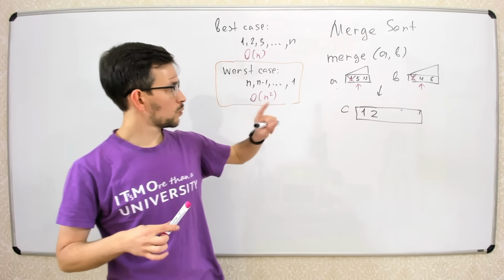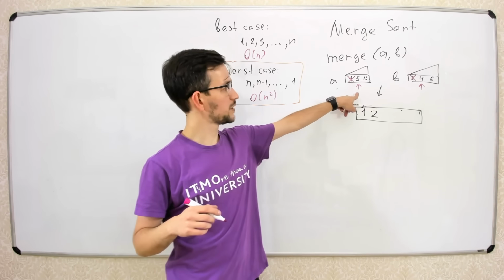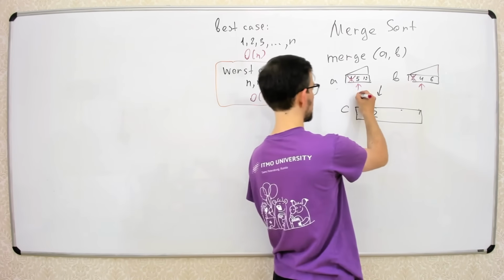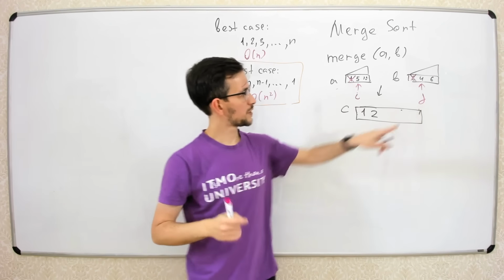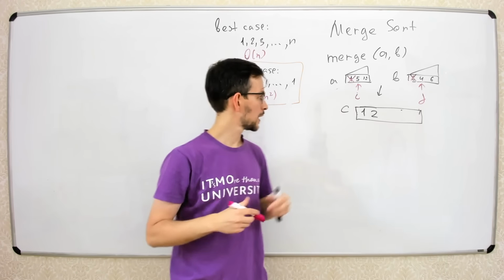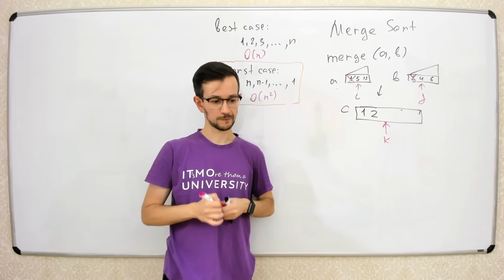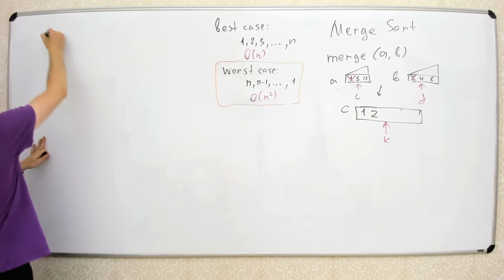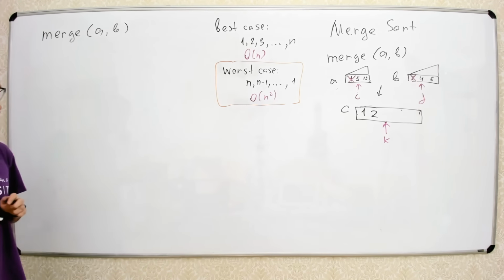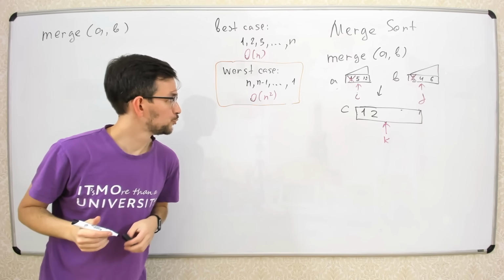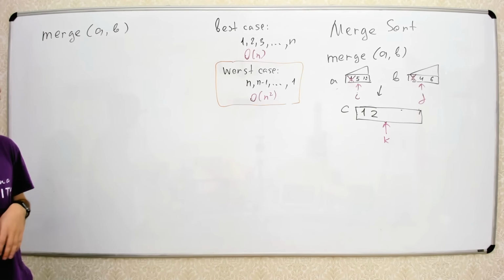Let's see. We'll have 3 variables. The first variable will be the index of the first element of the first array, so it will be i. Here we have index j, the index of the first element in the second array, and index k will be the first empty position in array C. Good.